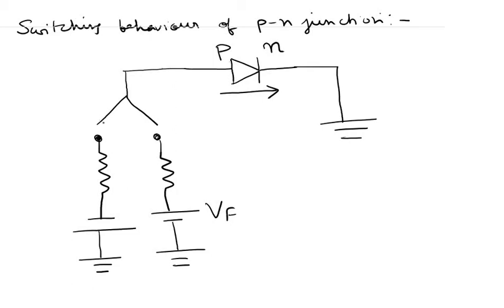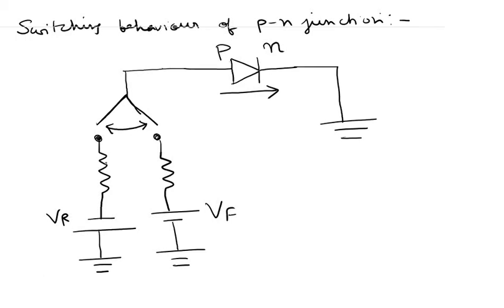So this terminal here is basically a switch. I can either connect this diode to this voltage VR through this switch, or I can connect this diode to this voltage VF by rotating this switch.